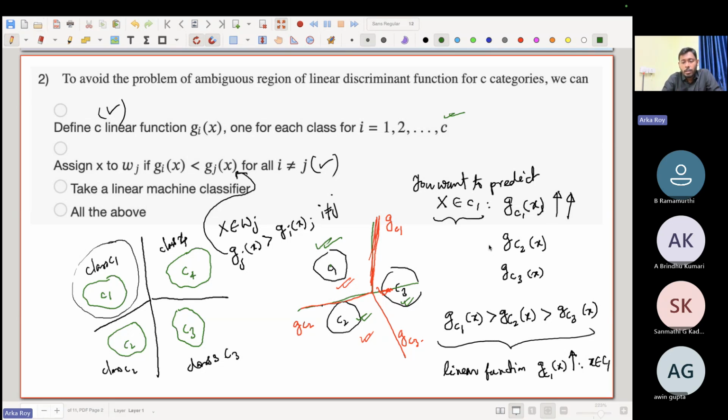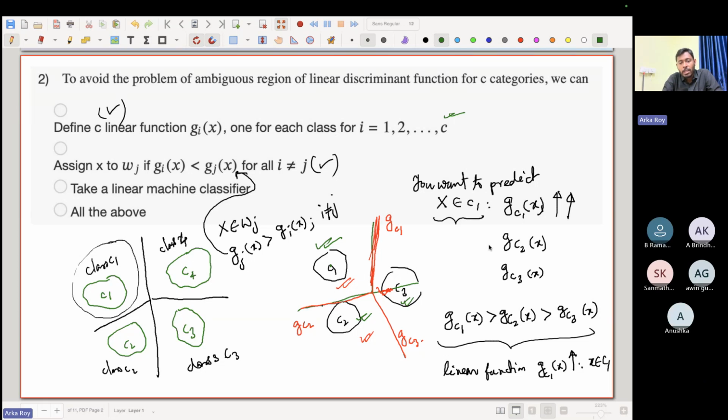Therefore these C linear equations suggest the classifier is a linear classifier, and so to say, these are called linear machine classifiers. So this option is also correct. As all of these options are correct, your final answer should be all of the above.